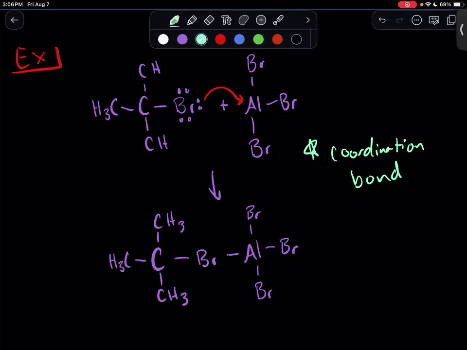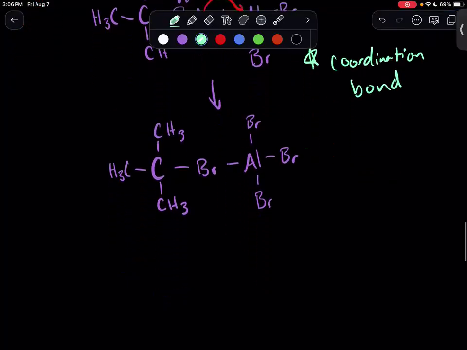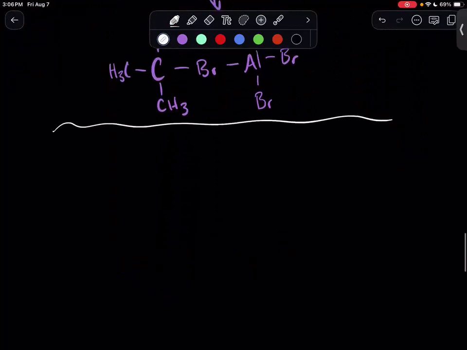So once again, this electrophilic attack is being caused by a very electron-dense region or electron-rich region, being the lone pairs on the bromine, moving or being initiated to come to the aluminum, very partially positive region that also has an incomplete octet. So that's kind of how electrophiles work.